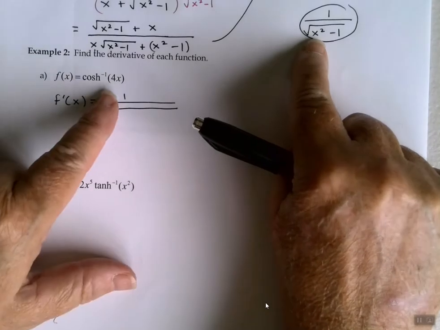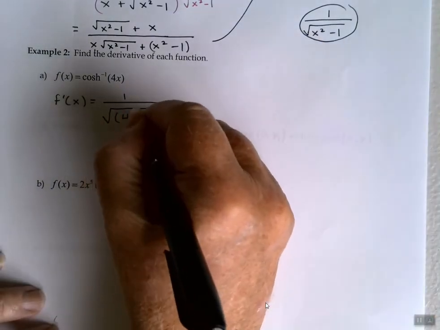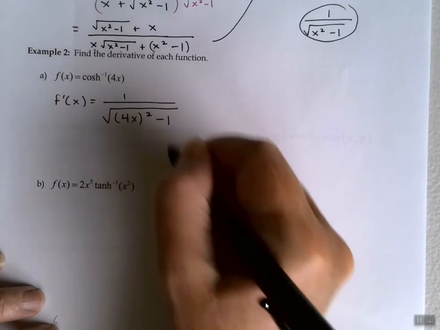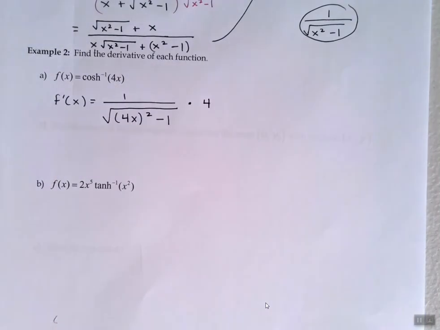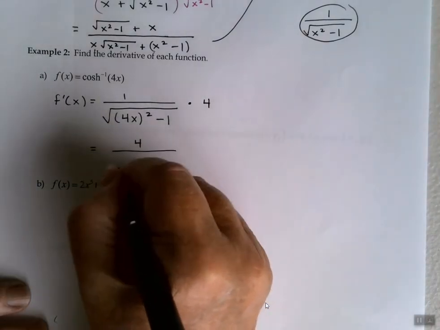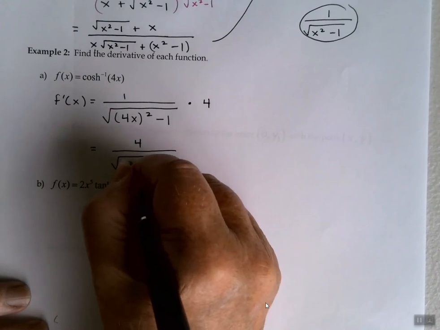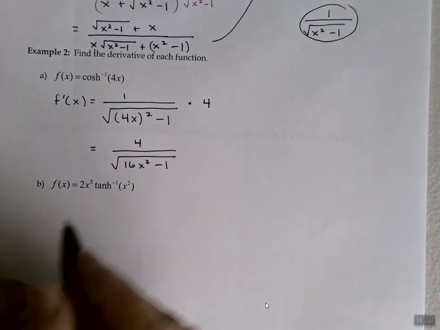And instead of just x, we have 4x. So I'd have 4x squared minus 1. And then my chain rule times 4 is going to give me 4 over the square root of 16x squared minus 1.